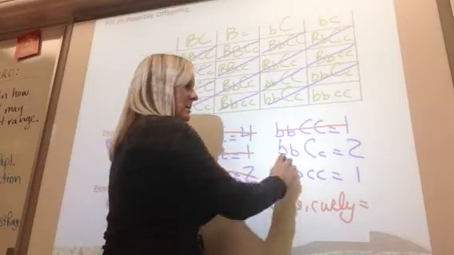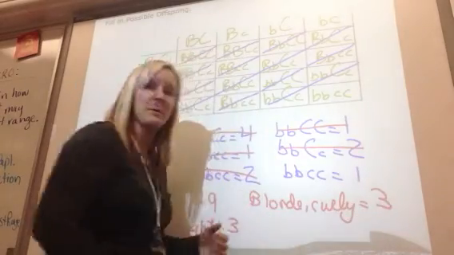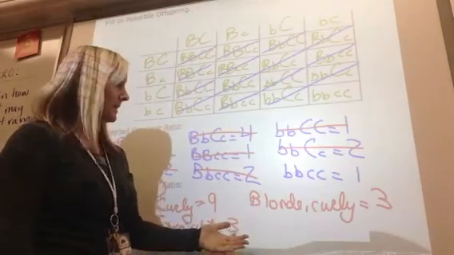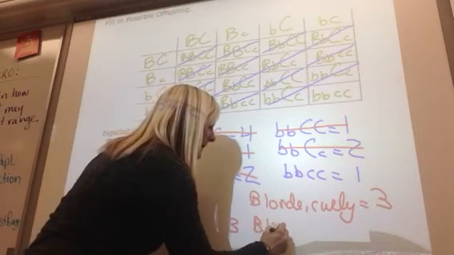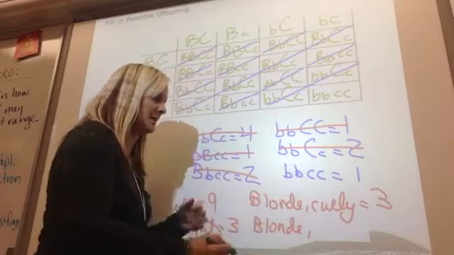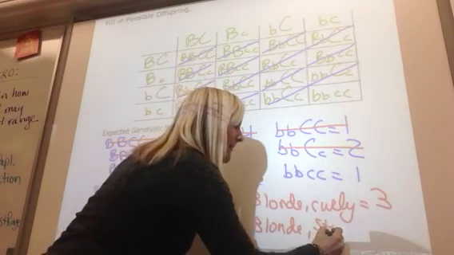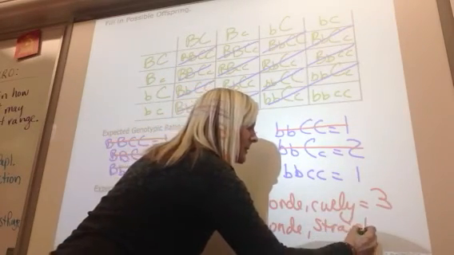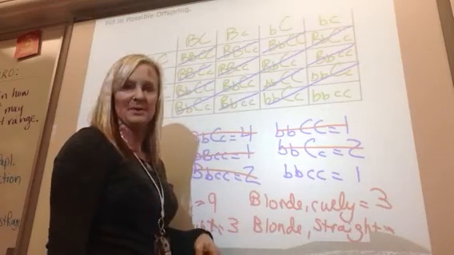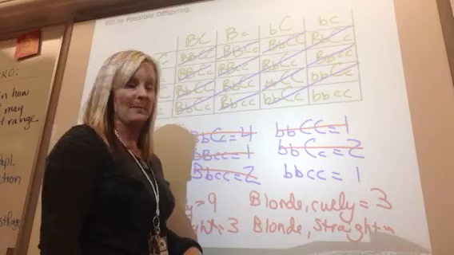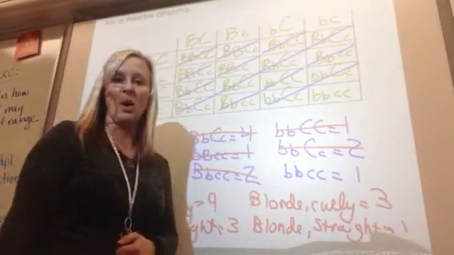That one and that one. So that one's 3 out of the 16. And then my last one that I've got left, the only one that is recessive for hair color and recessive for hair texture, is going to be 1.